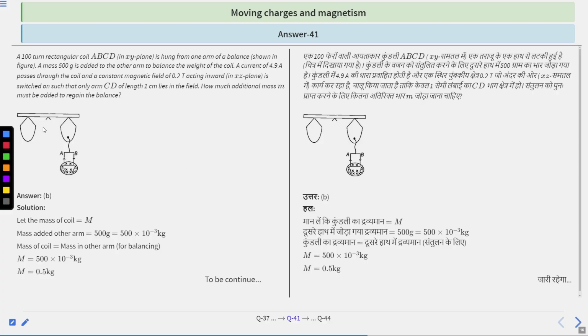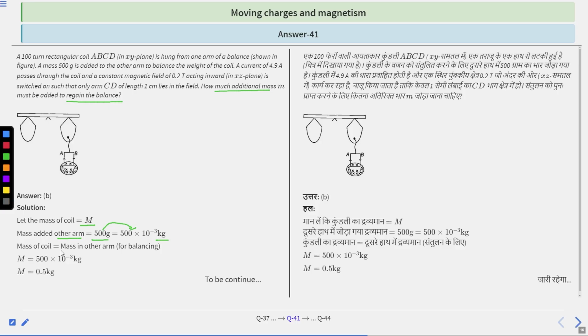So this is a 100-turn rectangular coil ABCD in the XY plane. We have to find how much additional mass M must be added to regain the balance. So let the mass of the coil be M. The mass added to the other arm is 500 gram, which in kg becomes 500 into 10 raised to the power minus 3 kg.